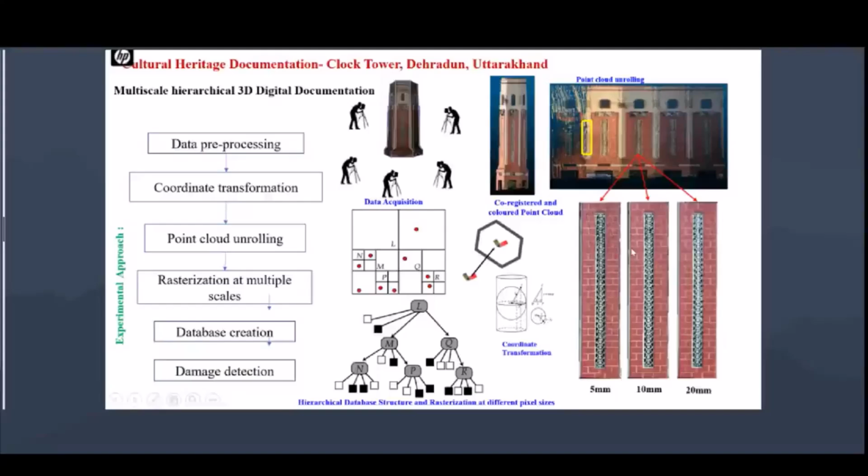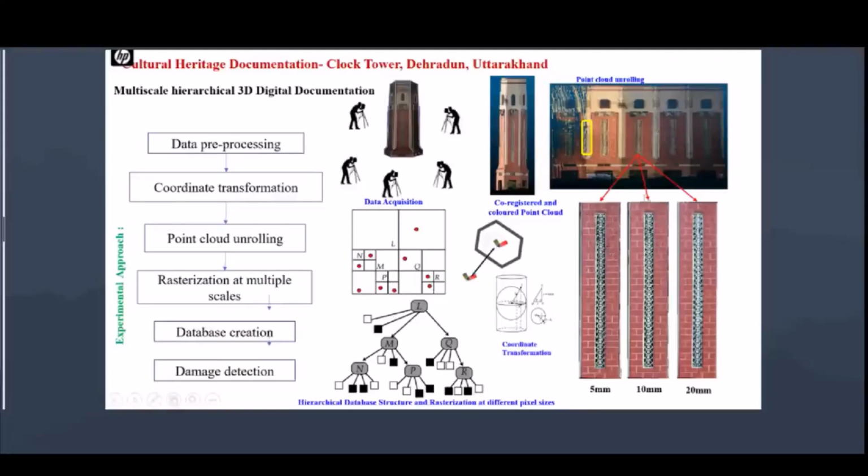The purpose of this was that if there was a big damage, that is a large, major crack, this could be used at a certain scale. And if the crack or the damage was very minute, then only a small tile would have to be used. So one need not display the entire data.